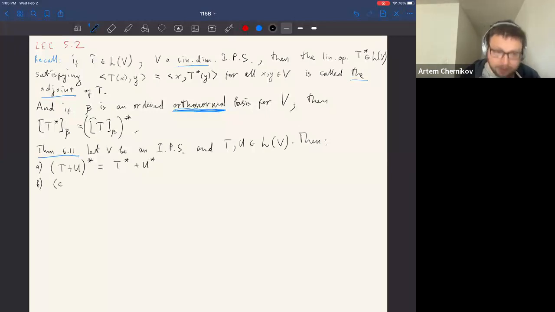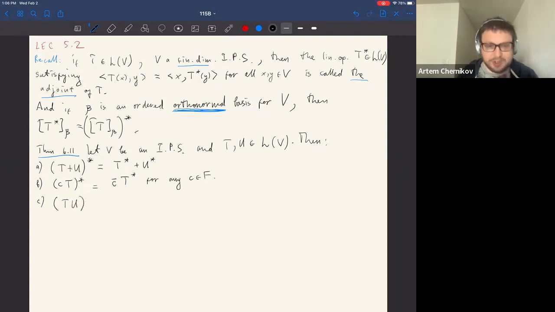So similarly, if I want to know the adjoint of the linear operator C times T for some scalar C in F, then this is the same as taking the complex conjugate of C and multiplying the adjoint of T. This holds for any scalar C in F. Also, we have a condition for compositions.